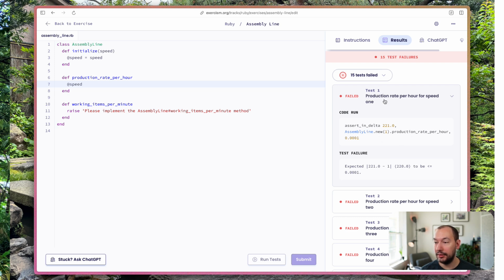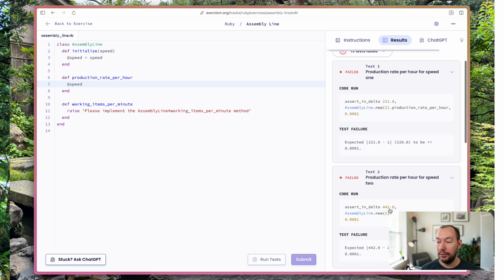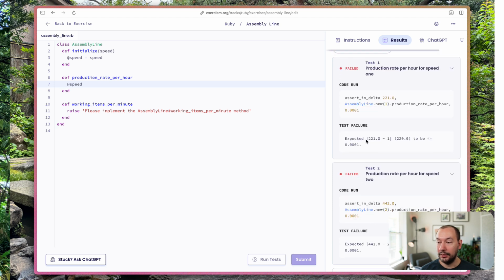So, all right, the first test is production rate per hour for speed 1. Okay, so we're passing that in. Per speed 2, let's look at the way that these tests are written.